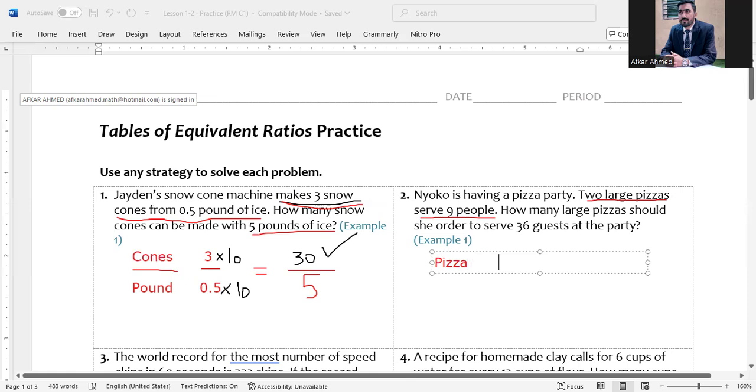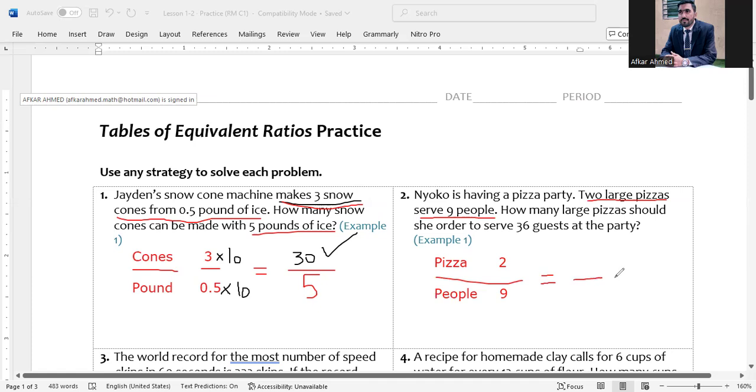I have two pizzas and we can serve how many people? Number of people are 9. Okay, so we have one fraction. Let me just draw a line to make it a fraction. The first fraction is 2 pizzas for 9 people.